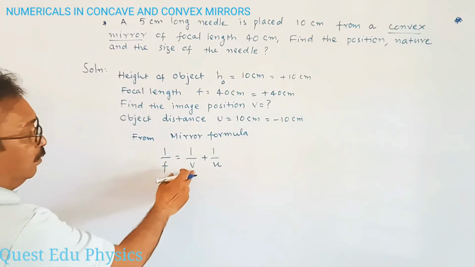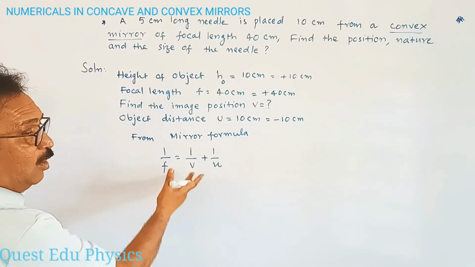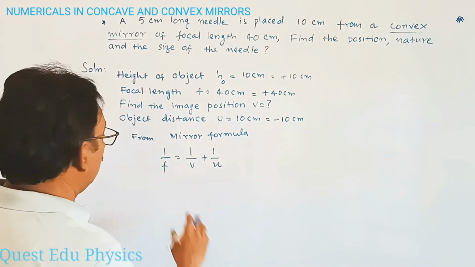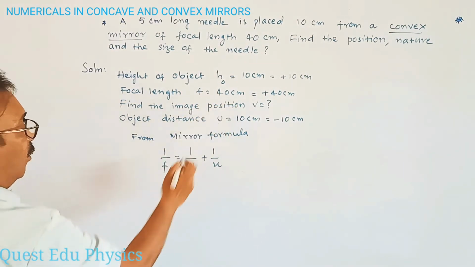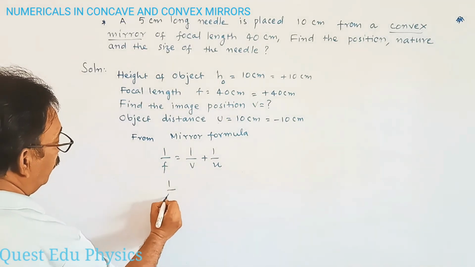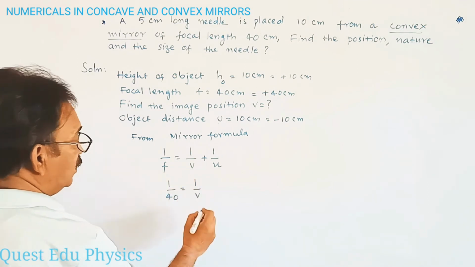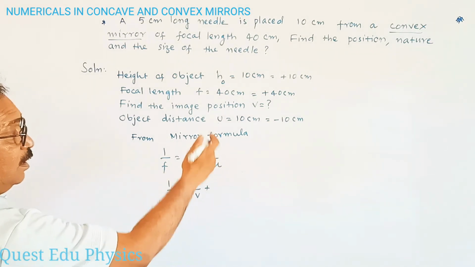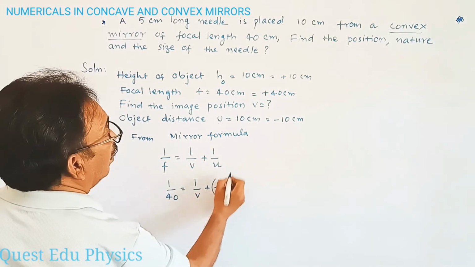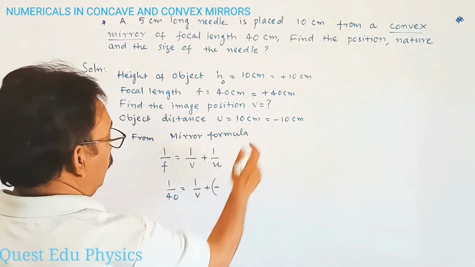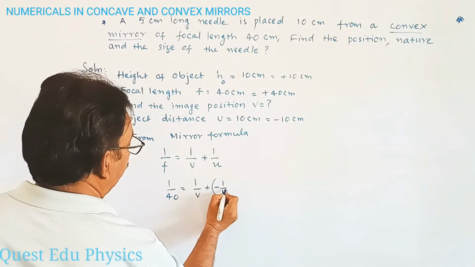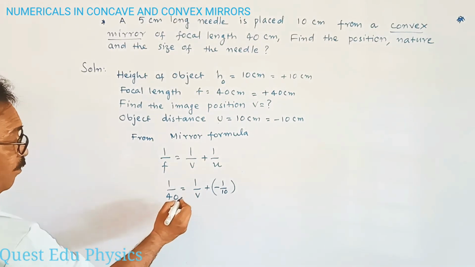And as you know, for the unknown quantity, we should not keep the sign convention. Then 1 by 40 is equal to 1 by V, we are not putting any sign convention, plus 1 by 10. Okay, students.